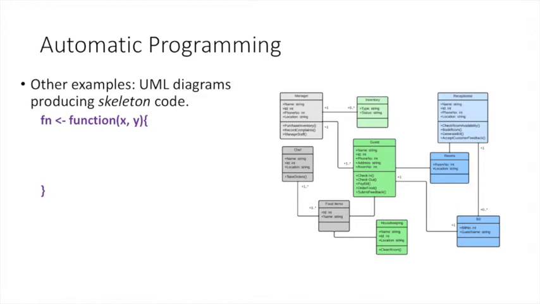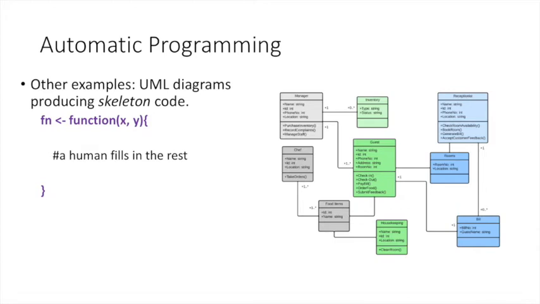We call it skeleton code because it does not implement the core functionality, but only produces basic functionality like a function's name and the list of parameters. The intelligent logic, essentially the core functionality, is then filled in by the human programmer.